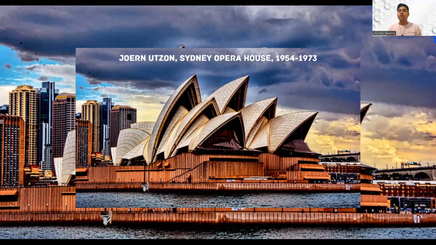He won the competition to design the Sydney Opera House, and he was most notable for designing it in Australia, completed in 1973. His submission was one of 233 designs from 32 countries, many of them from the most famous architects of the time.